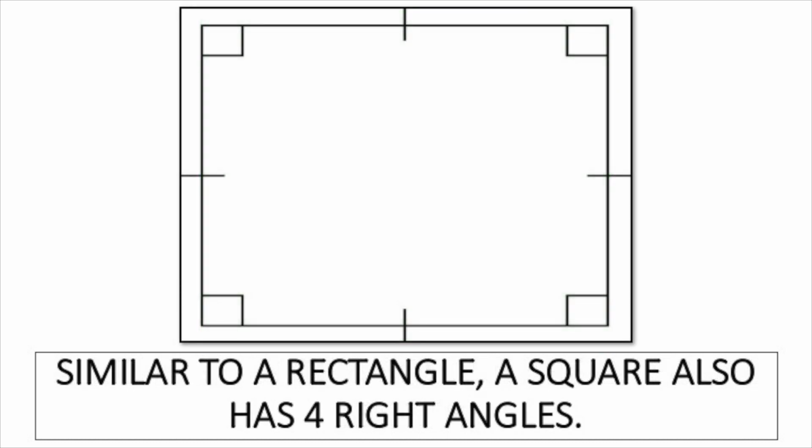Similar to a rectangle, a square also has 4 right angles, always in the corners here. And you can see the symbol 1 is used 4 times because every side is the same length.